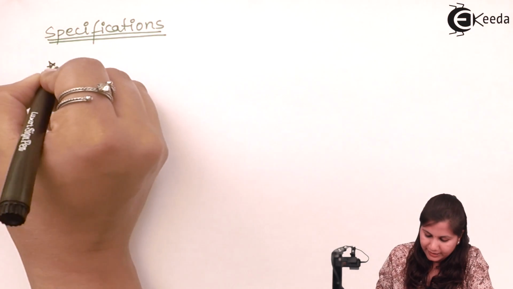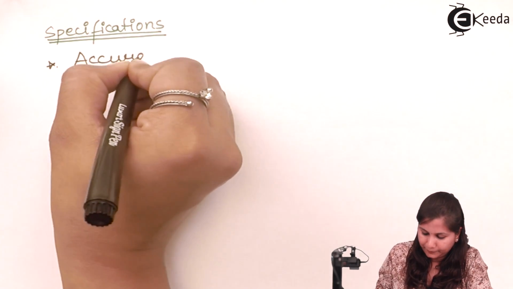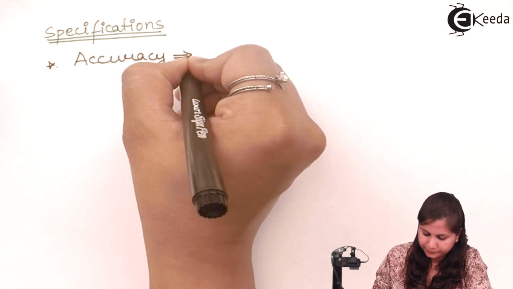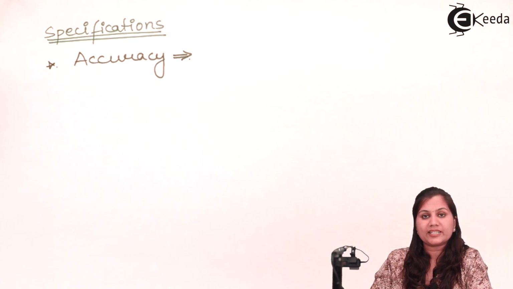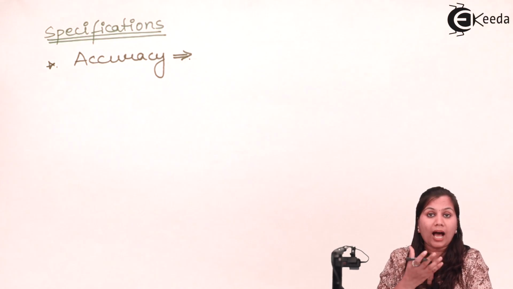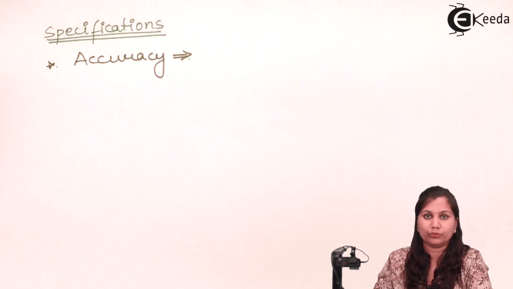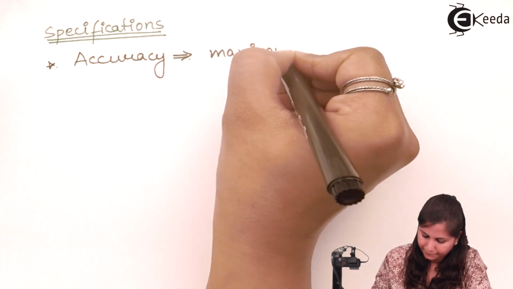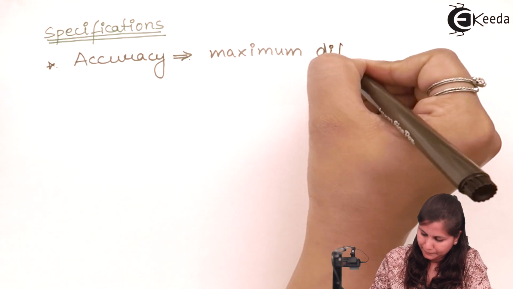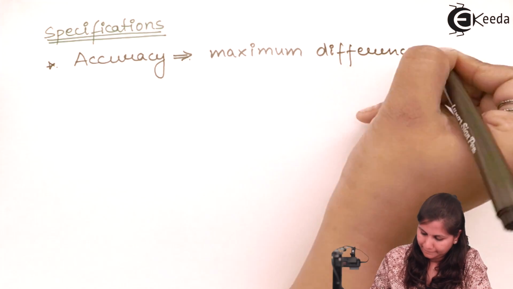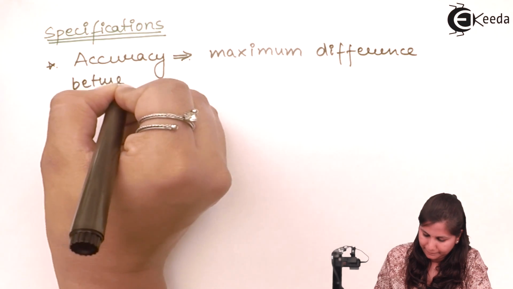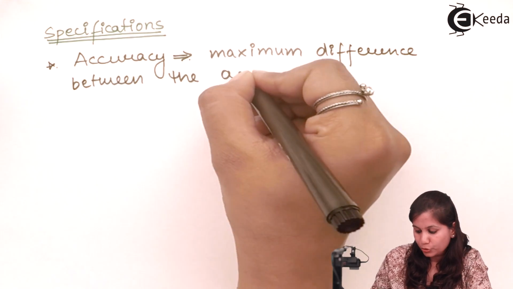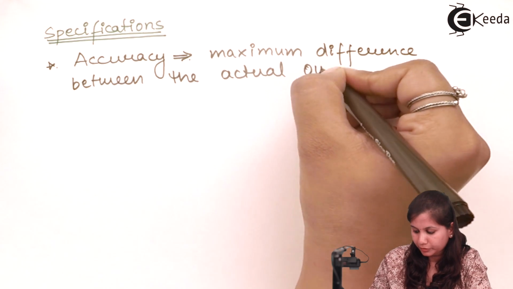First specification is accuracy. Accuracy is defined as the maximum difference between the output and the input, that is, how accurate our measurement is, how close our measurement is to the true value. So accuracy is the maximum difference between the actual output and the theoretical output.